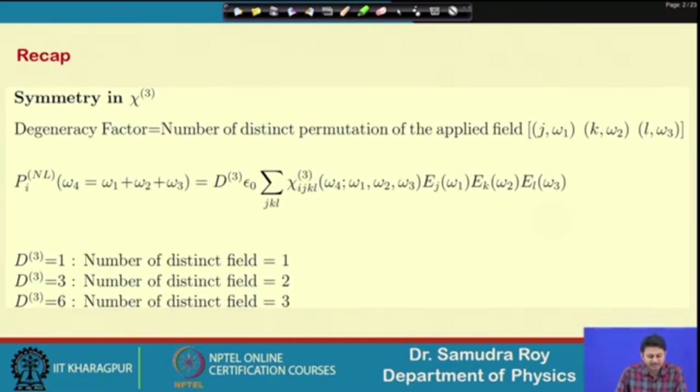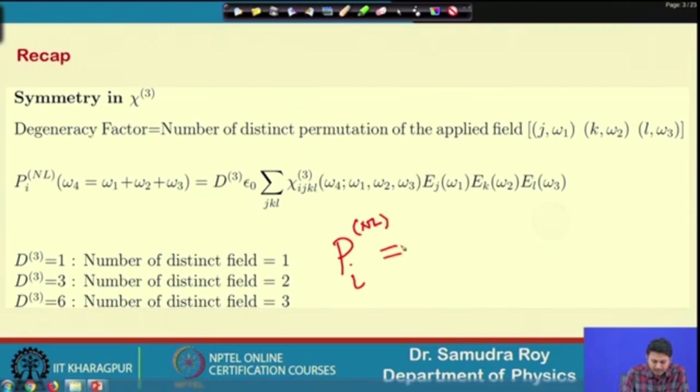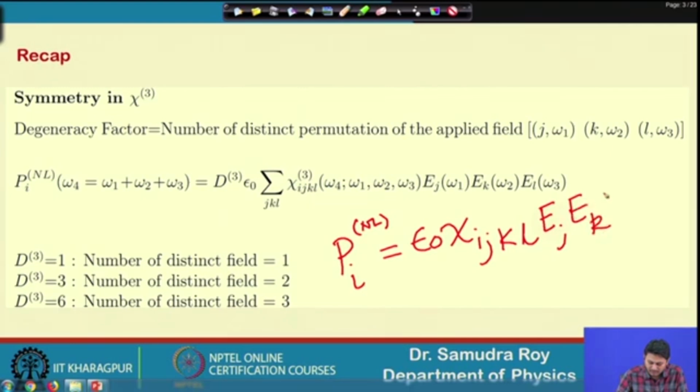We mentioned in the last class that if I want to find out the degeneracy factor, because when the nonlinear polarization is written, it is in the component form, it is written as the ith component of nonlinear polarization, epsilon 0 chi ijkl, and then E j, E k and E l.